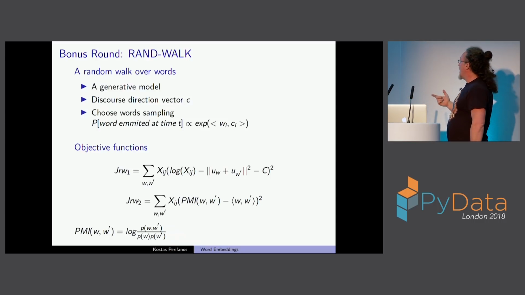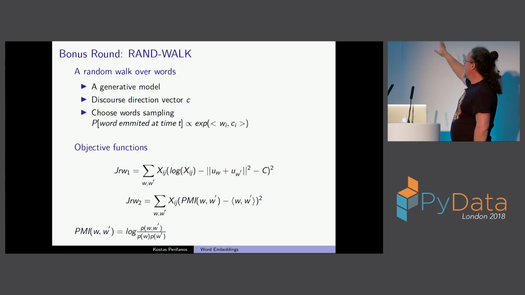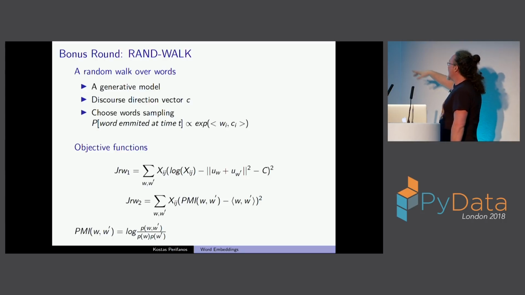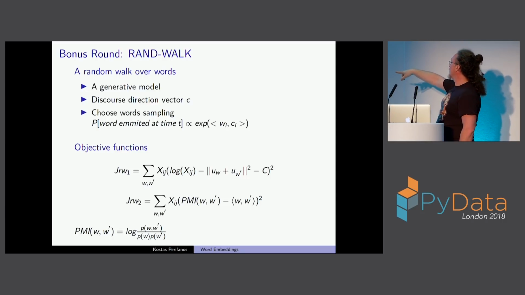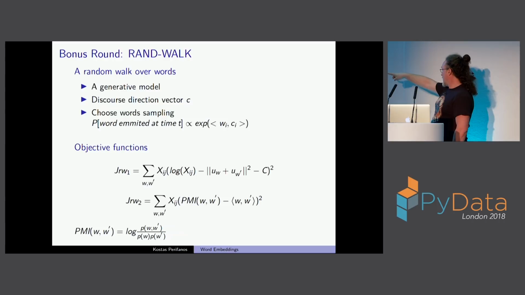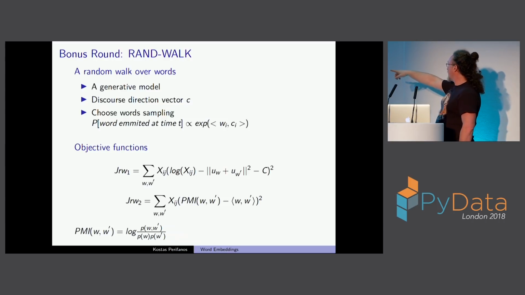Okay, and with some mumbo-jumbo maths, which I'm not sure I follow, they end up with two objective functions. The first one is essentially the frequency of the co-occurrence matrix, where they're learning the vectors phi, u or v or whatever, with the first objective function, given some hyperparameters c and so on.